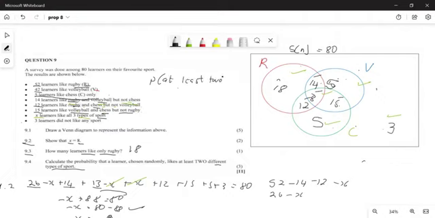So the probability of at least 2 is going to be given by 14 plus 8 plus 12 plus 15. This is going to be all over the sample space. I get a sample space here, it's 88. So you take this, there are 2 here.